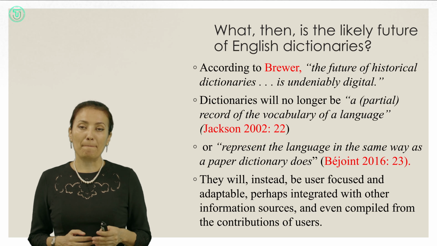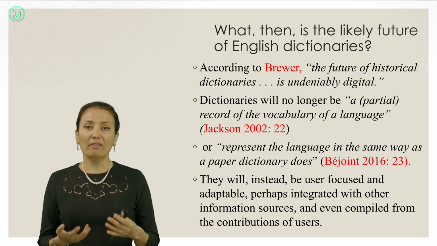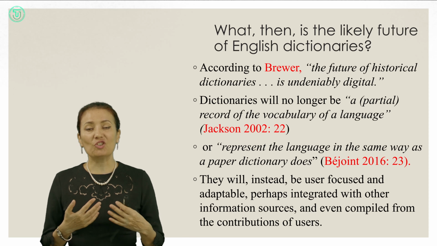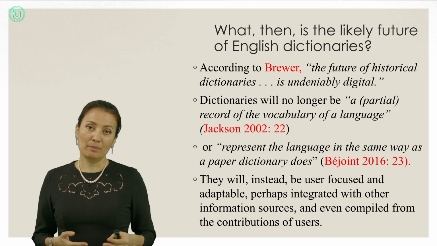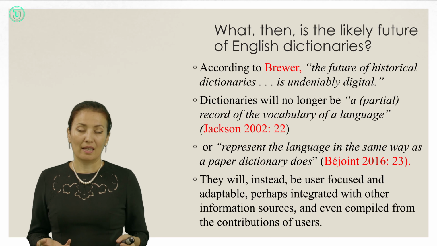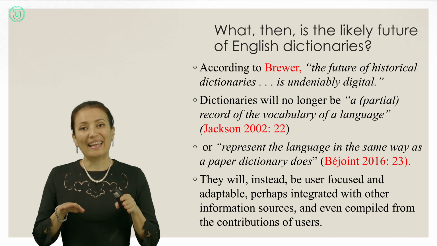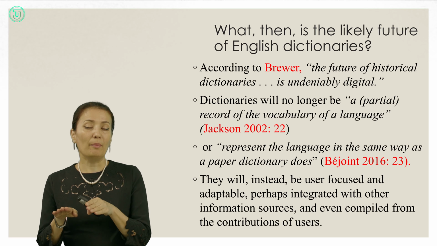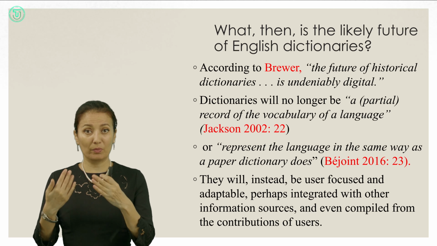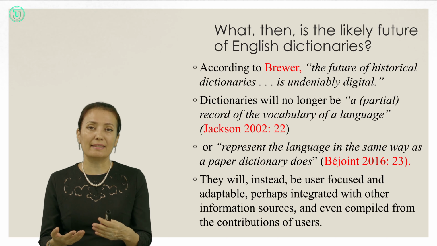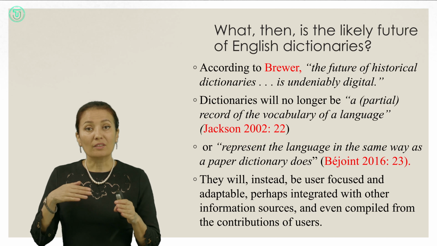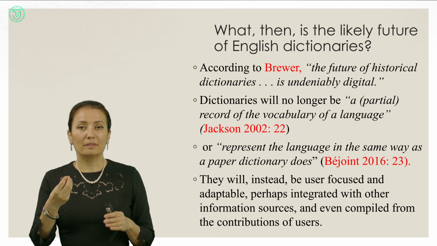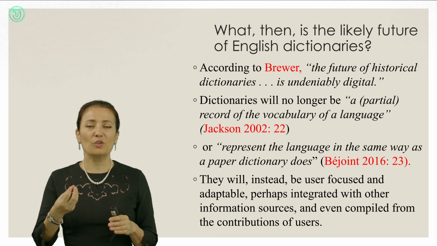Because language, as you know, is a living organism. It develops and changes all the time, and the same happens with dictionaries nowadays. They align with the processes which happen, for example, the development of language and the appearance of neologisms, new words.